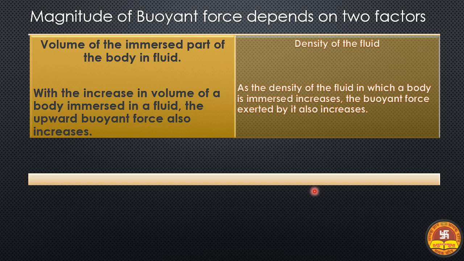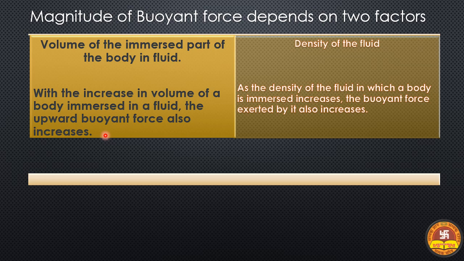Now how does the first factor affect the buoyant force? With the increase in volume of a body immersed in a fluid, the upward buoyant force also increases, means more the volume inside the liquid, more will be the upthrust given by the liquid. Suppose 50% of the substance, or half of the substance, is immersed inside the liquid, and let the upthrust be F1.